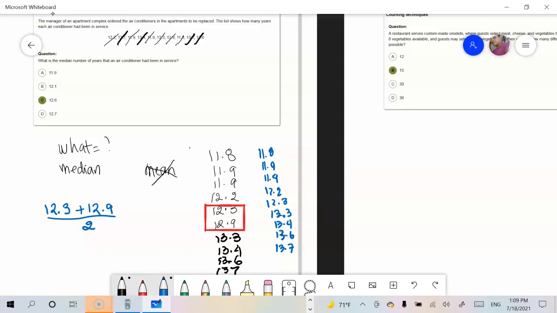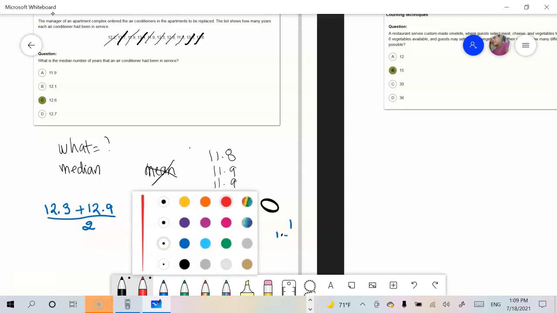I have 9 numbers there. So the median would automatically be this one, because it divides the group in 4 numbers less than this one and 4 numbers greater than this one. So I wouldn't have to average them. But that's not the case, because we have an even number of numbers. So we need to divide to get the average and the median.